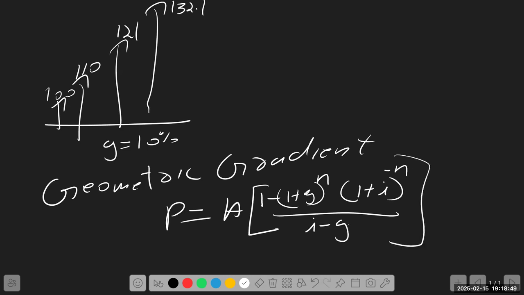What is i? Interest rate. g is what? Gradient, 10% increase. Then we are multiplying the annuity. Suppose this 100 is the annuity. First investment 100, so multiply 100. With this formula, we will get the present value of this cash flow. Understood?